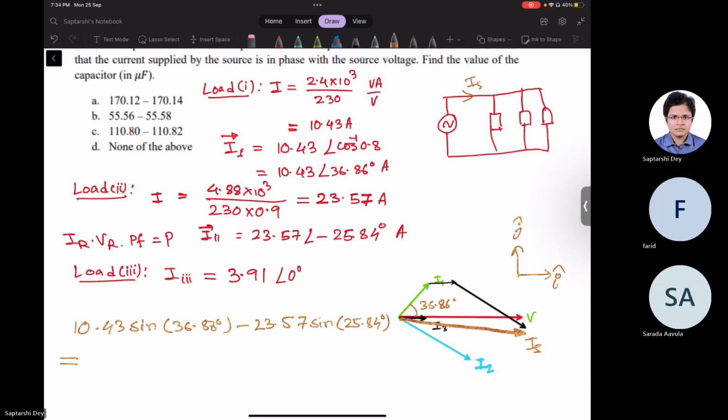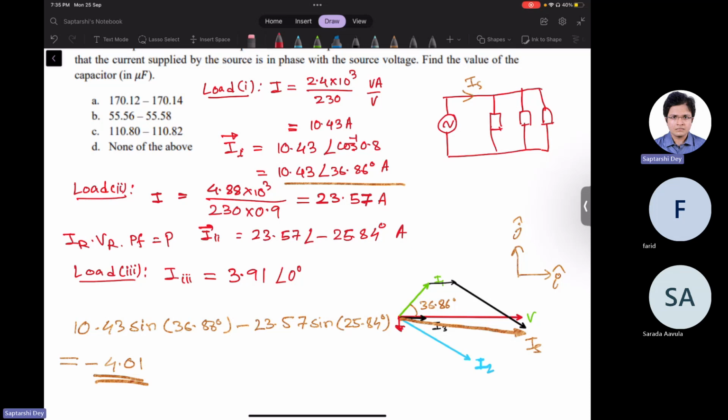So what you get is 10.43 sine 36.86 minus 23.57 times sine 25.84, which gives you a negative value, minus 4.01. I took the first one as positive, and we got negative.